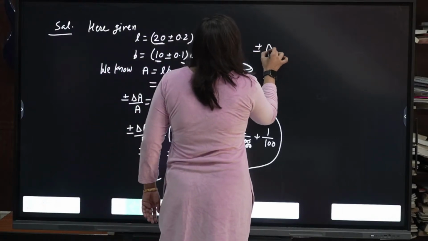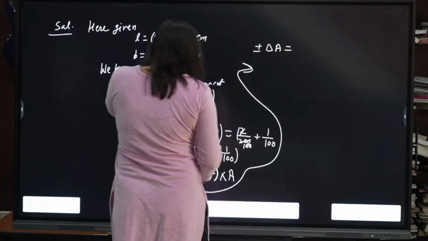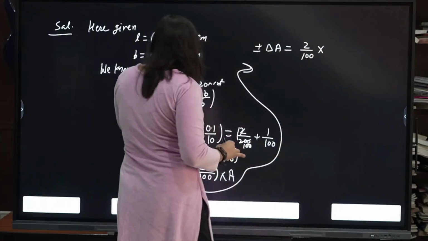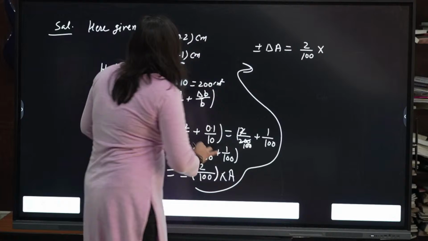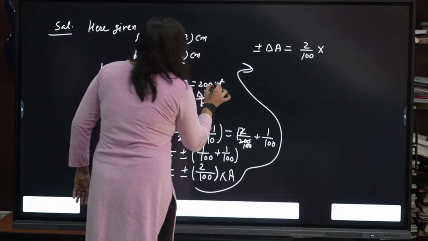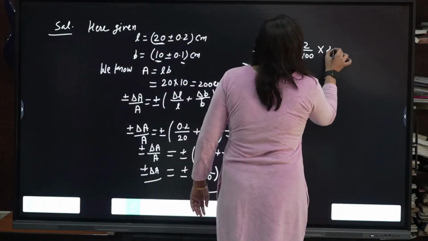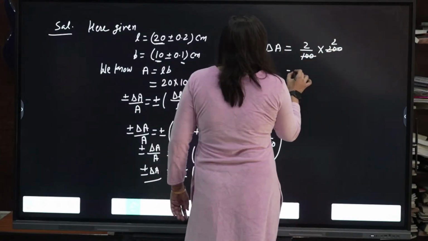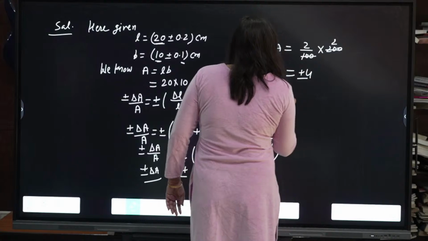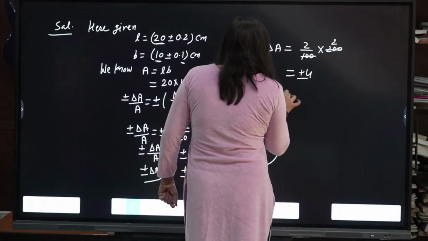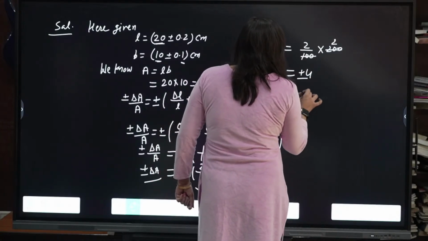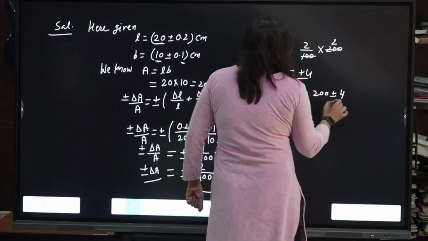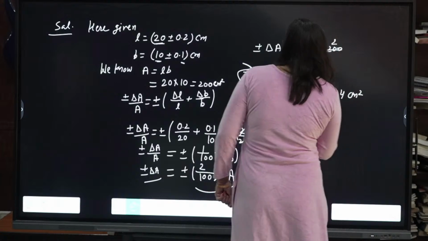Plus minus del A equal to 2 by 100 and area here 200. It's your calculated area, 200 centimeter square. Then 200 into 2 by 100 is 4, plus minus 4. Then net area here A plus minus del A is 200 plus minus 4 centimeter square.